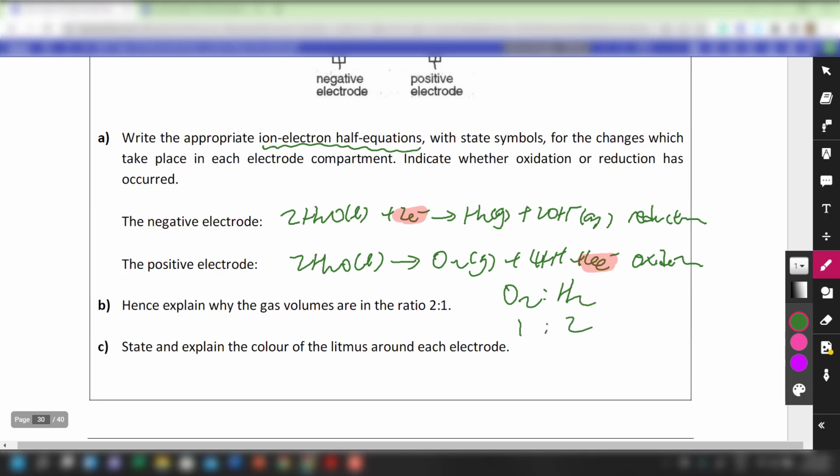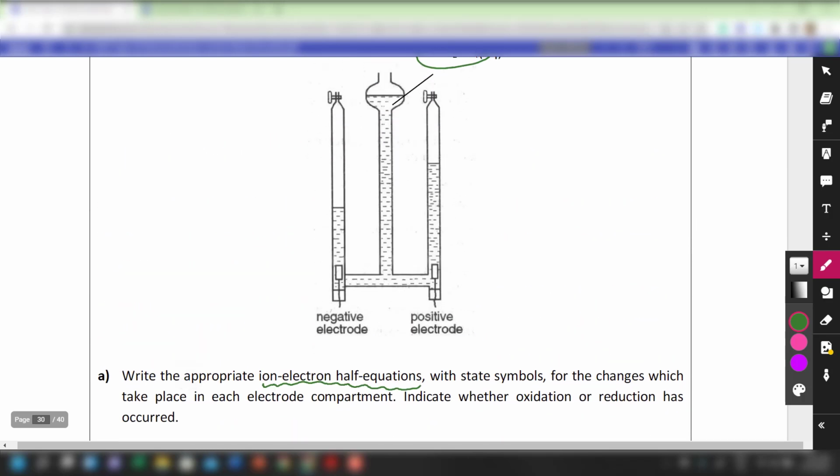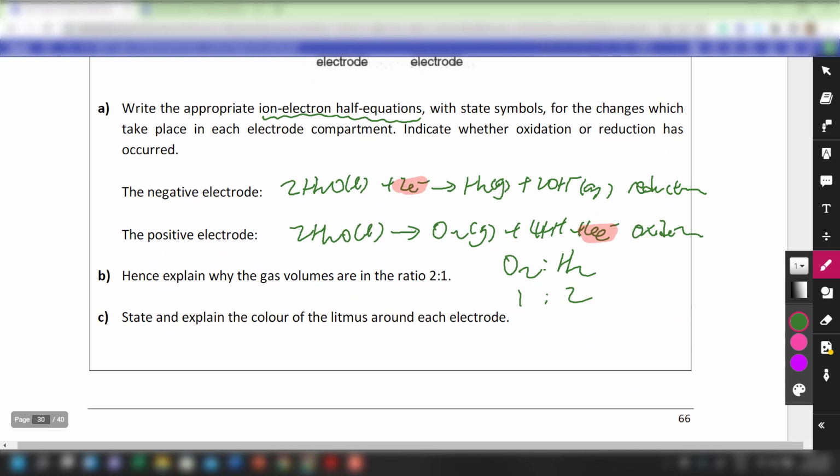Remember that we are using an external power supply to drive the reaction, so the electrons on both ends must balance. If I supply 4 electrons to the positive electrode, the anode, I must take in 4 electrons from the cathode. Therefore the ratio will always be 1:2.